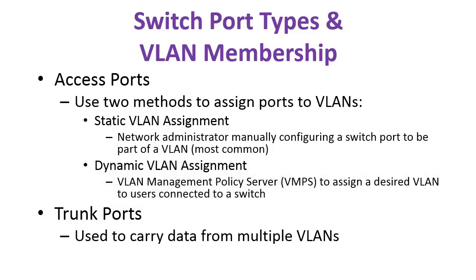Now, there's another type of port that we need to understand the concept of VLANs, and that is trunk ports. And trunk ports are used to carry data from multiple VLANs. So access ports only allow communication from one end device over a specific VLAN.